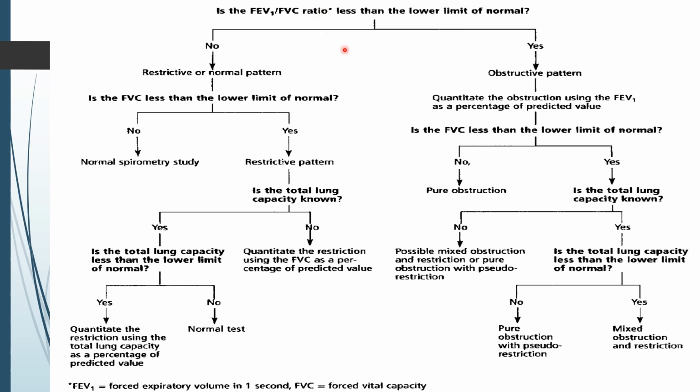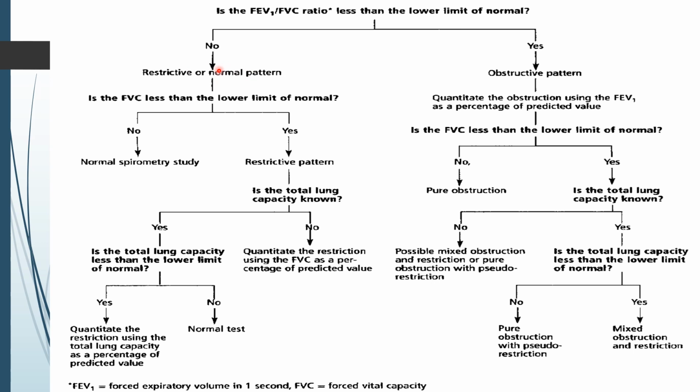So to start with, after the spirometry, just look for the ratio of forced expiratory volume in 1 second and the forced vital capacity. So is it lesser than the lower limit of normal? If it is lower, then that is of obstructive pattern. If it is not, then it can be restrictive or normal.